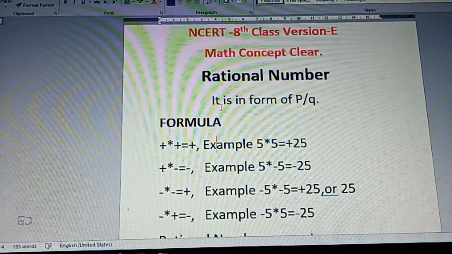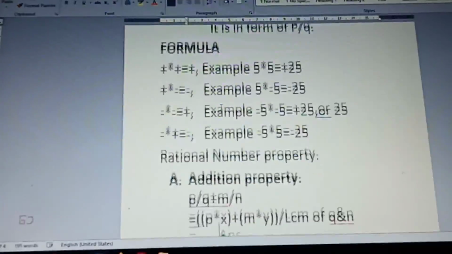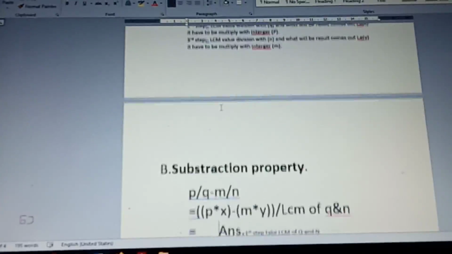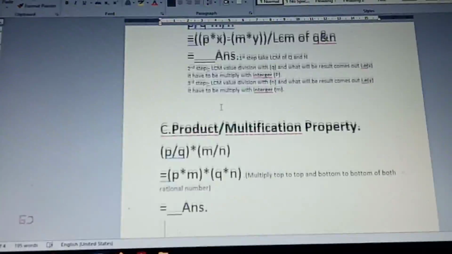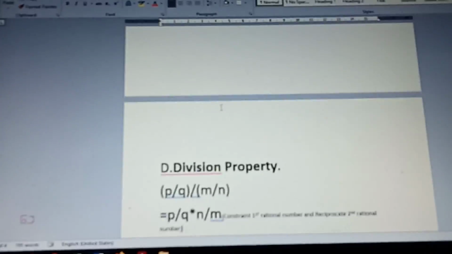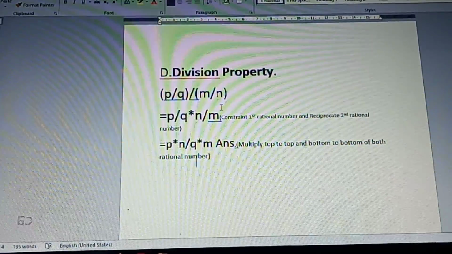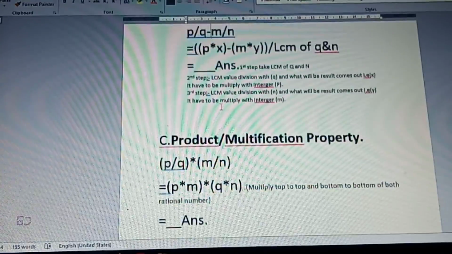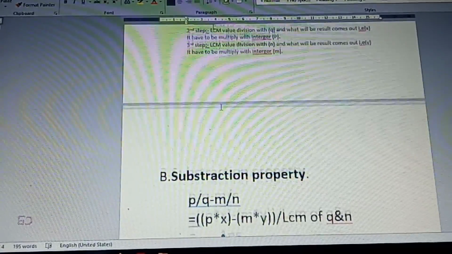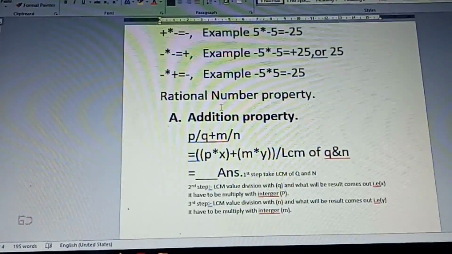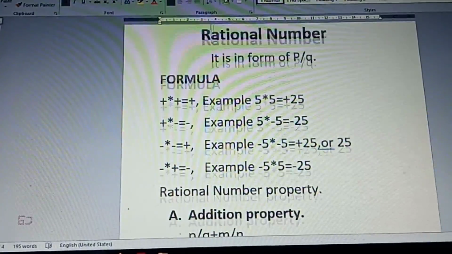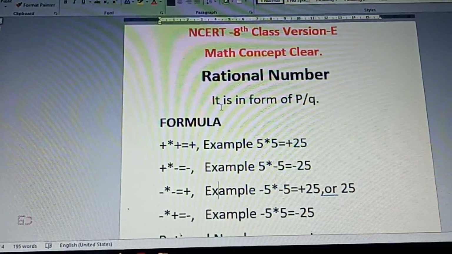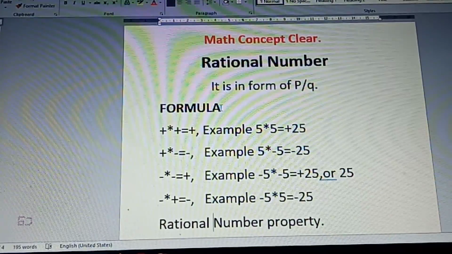Don't copy paste and write. Just understand these simple properties and formulas and my ideas, whatever I have written or prepared for you. Read it, understand it and do whatever questions are given in your rational number question paper.